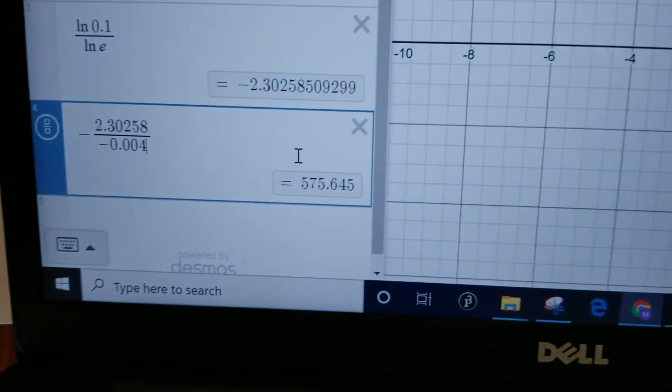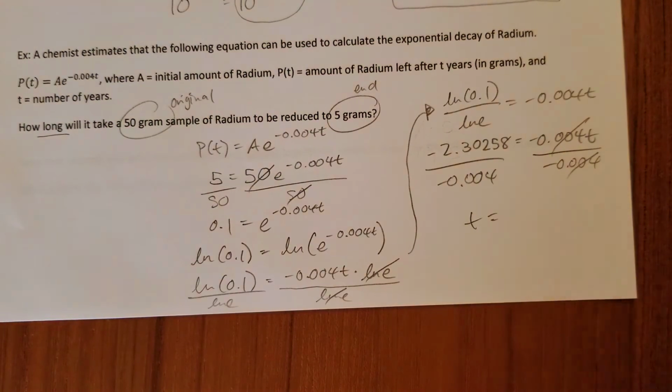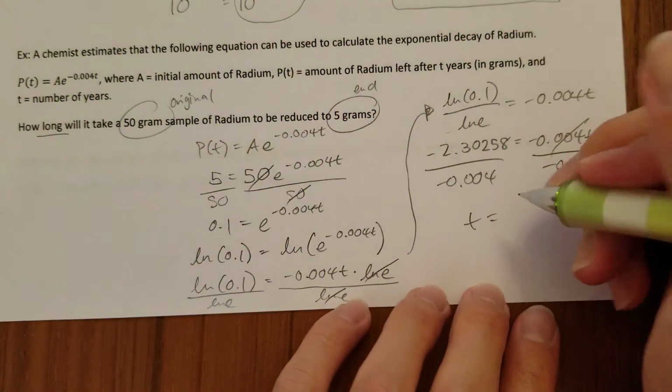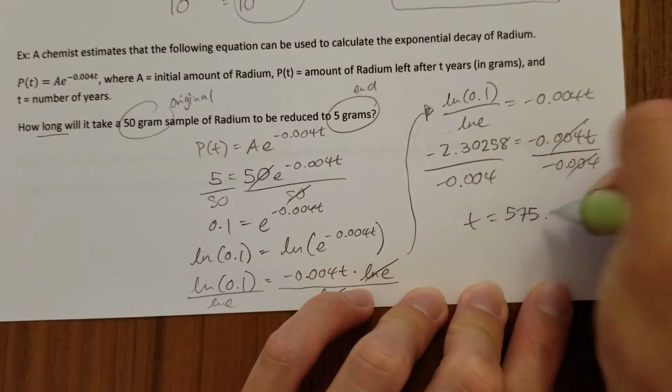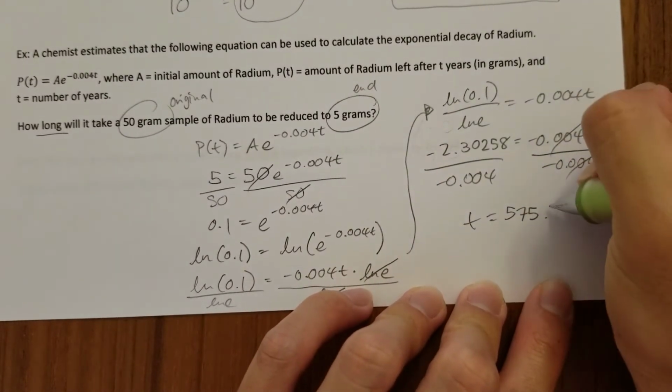When we're dividing it through, the negatives cancel each other out, so it should be positive. So we are left with 575.6.